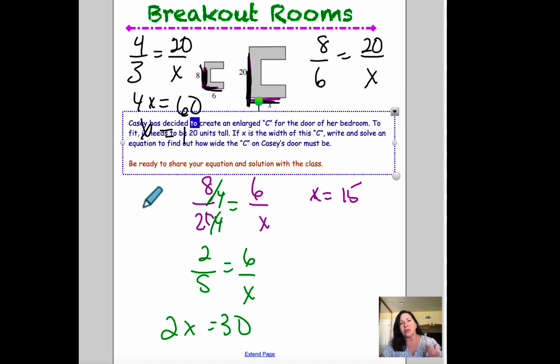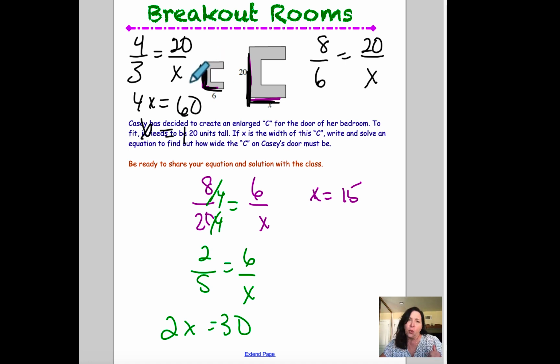But technically, when you're talking about a scale factor, you're not comparing the same sides of a shape. I'm not going to go 8 is to 6, okay? I want to compare the left side to the left side. I'm comparing the same sides.